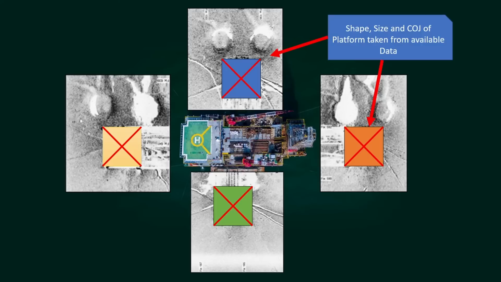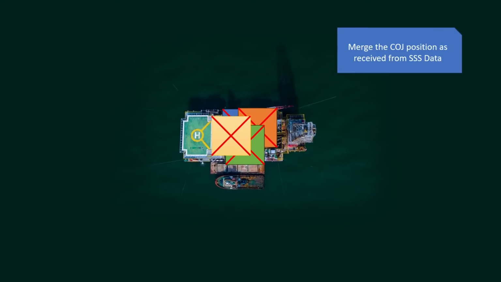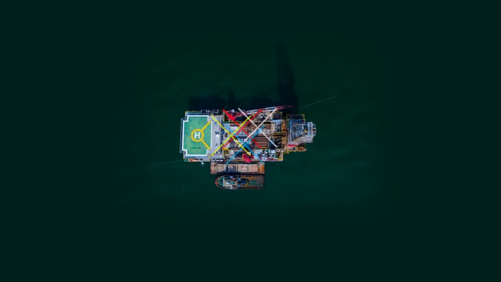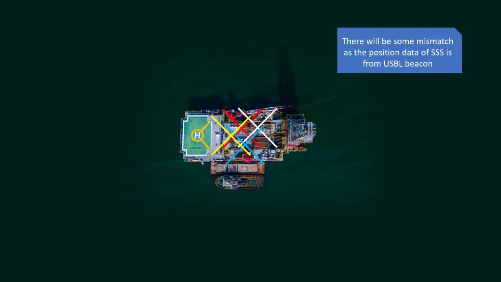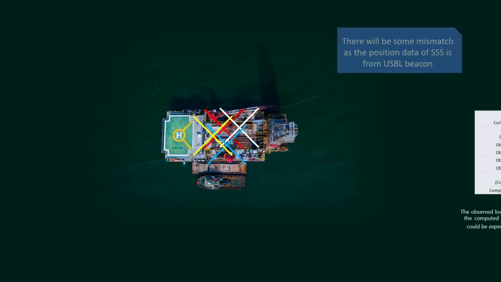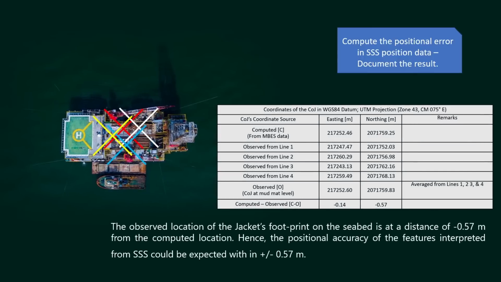Now superimpose the platform mud mat with the center of the jacket position on the side scan images, and then merge all the position data together. Now you can compute the positional errors of the sonar contact. You cannot apply this error to all the sonar contacts. This is a verification that the positions you will be reporting are within that error limit.